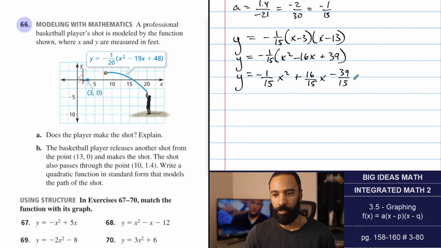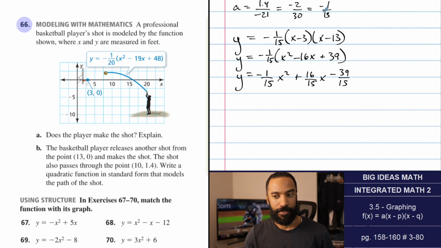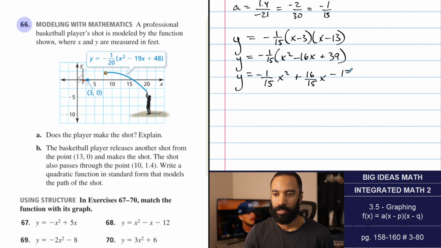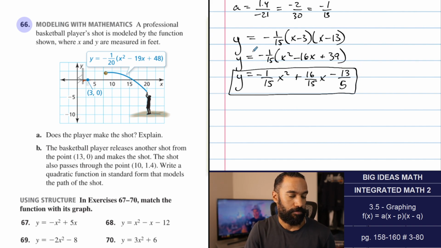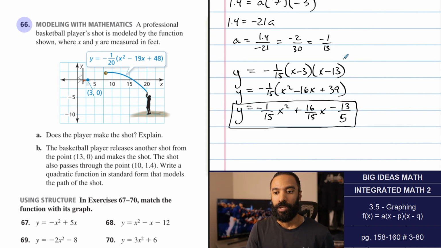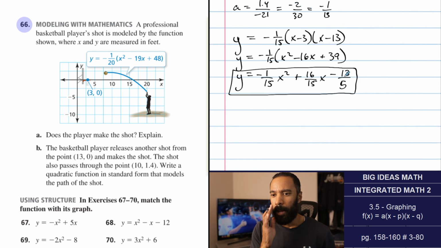Now that number can reduce. They can divide those by 3. So that's 13/5ths, minus 13/5ths. I hope I got the right answer from that. That was a decent fraction, so I'm going to trust it. Looks good.